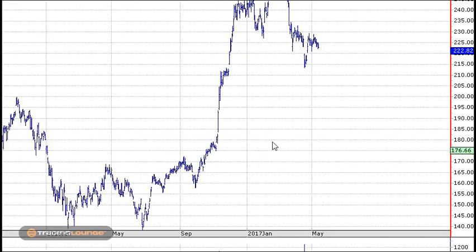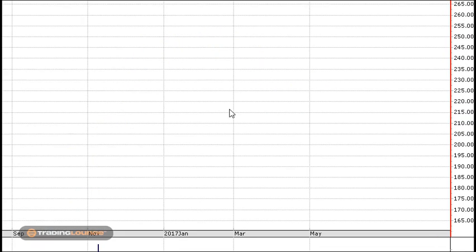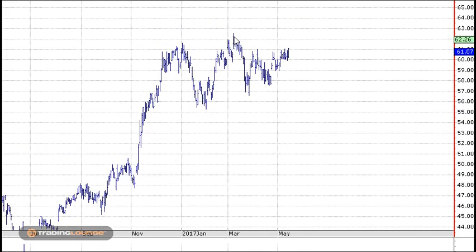It's a slightly different scenario for Goldman's, but it's still got the 1, 2, 3, 4, 5 down, and then looking for an A and a B and a C back up here, and then another 5 down to finish that correction. The same with Citis as well. Slightly different with Citis, but it's still got the 5 waves down here.